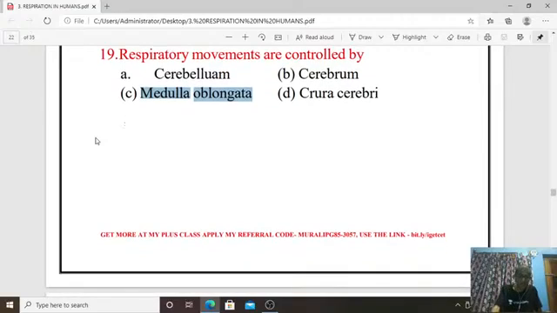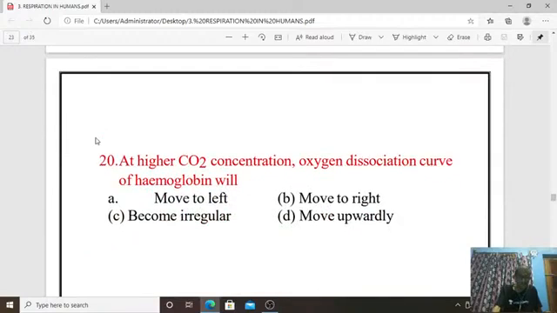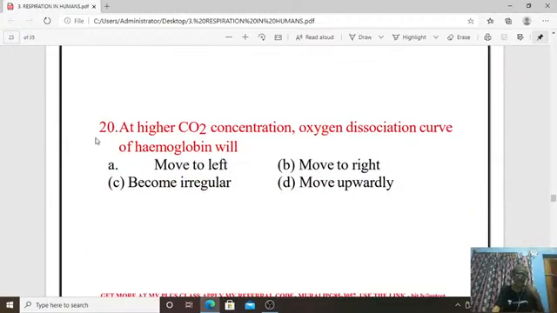Next, question number 20. At higher carbon dioxide concentration, the oxygen dissociation curve of hemoglobin will show which kind of change? At higher carbon dioxide concentration, the oxygen dissociation curve of hemoglobin will move to the right.